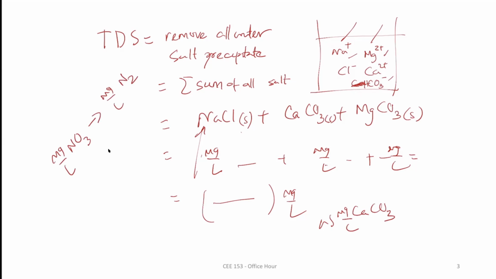The same thing here. So if the question asks what is the TDS, just add them together of milligram per liter and then you are done. If I ask you as calcium carbonate, then you would do that. But normally you don't need to use calcium carbonate, because it's not needed. It's not reactivity, it's just summing of weight.